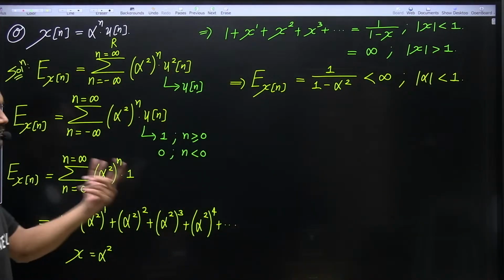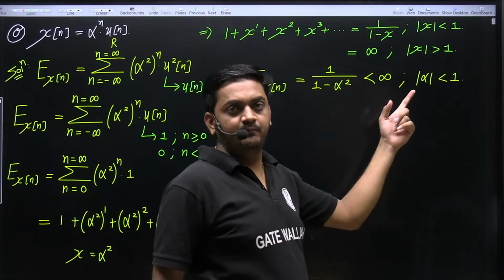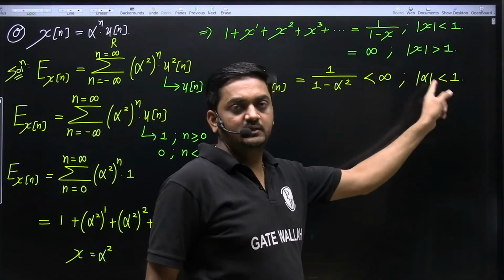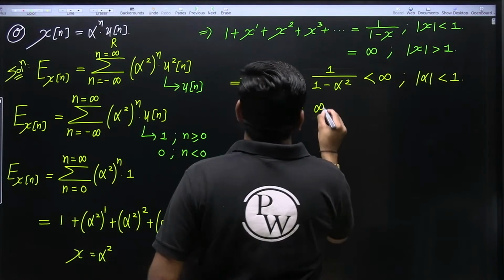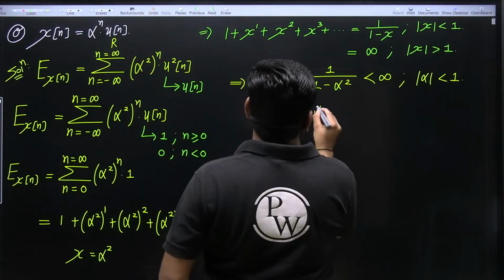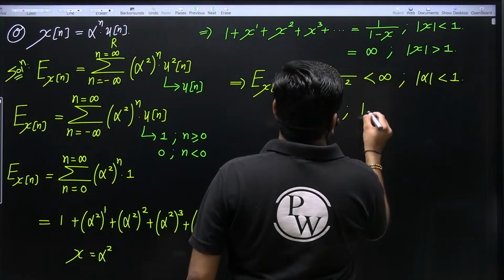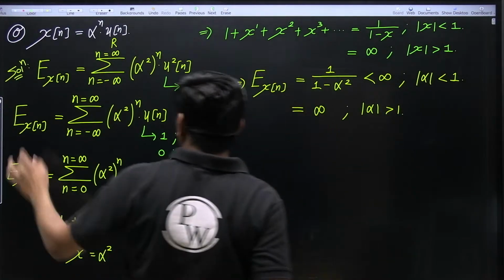That is why mod alpha less than 1, and it will be infinite if mod alpha is greater than 1, correct?